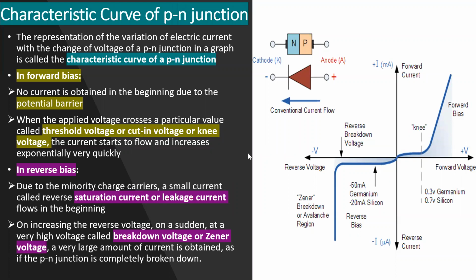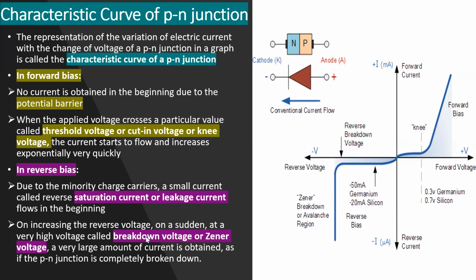Current will flow. This flow is due to the minority charge carriers, and that current is called the reverse saturation current or the leakage current. It's just a leakage. It's not due to the majority charge carriers in the p-type region or the n-type region.